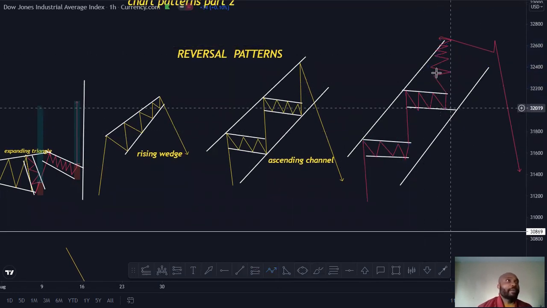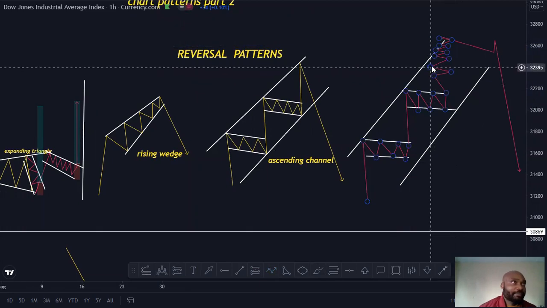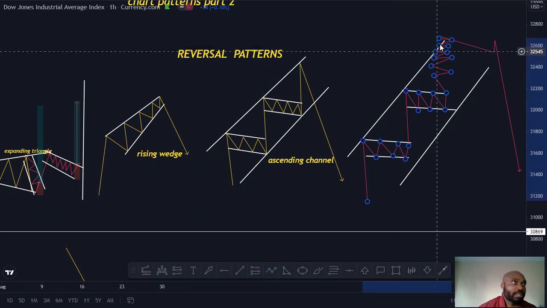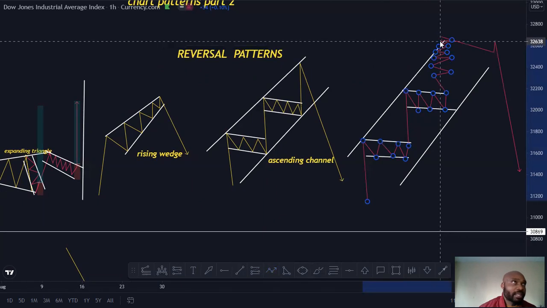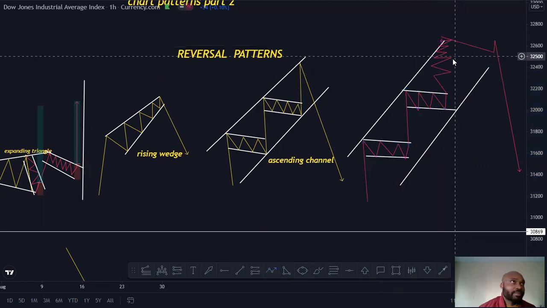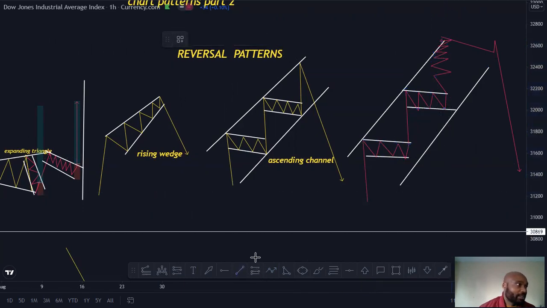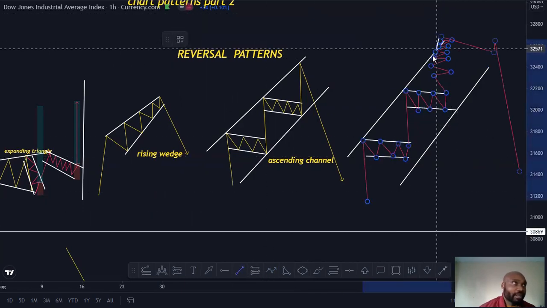So guys, I know this is not the cleanest, but I just want to show you exactly what I mean by how you can use these types of patterns inside structures. So this won't be the cleanest drawing of our ascending channel, I mean, a rising wedge.